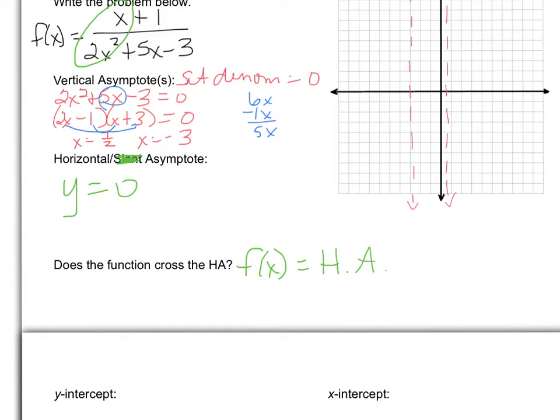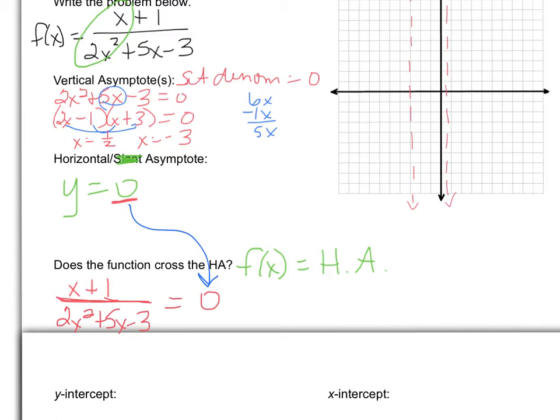So if we set it equal, in this instance, our asymptote is 0, and we have our function here of x plus 1 over 2x squared plus 5x minus 3, and that's going to equal my horizontal asymptote. Now notice, if your horizontal asymptote was something other than 0, then that number would change. But because 0 is my horizontal asymptote, we put that in there.